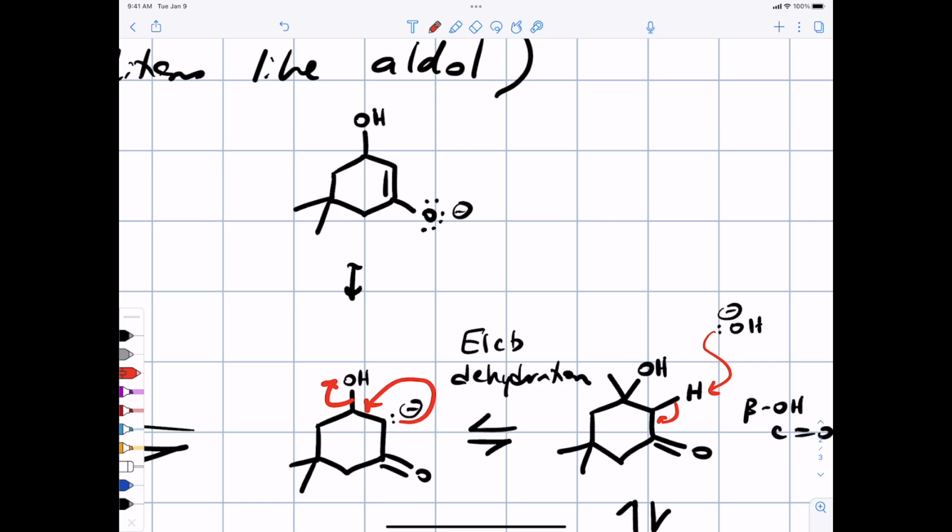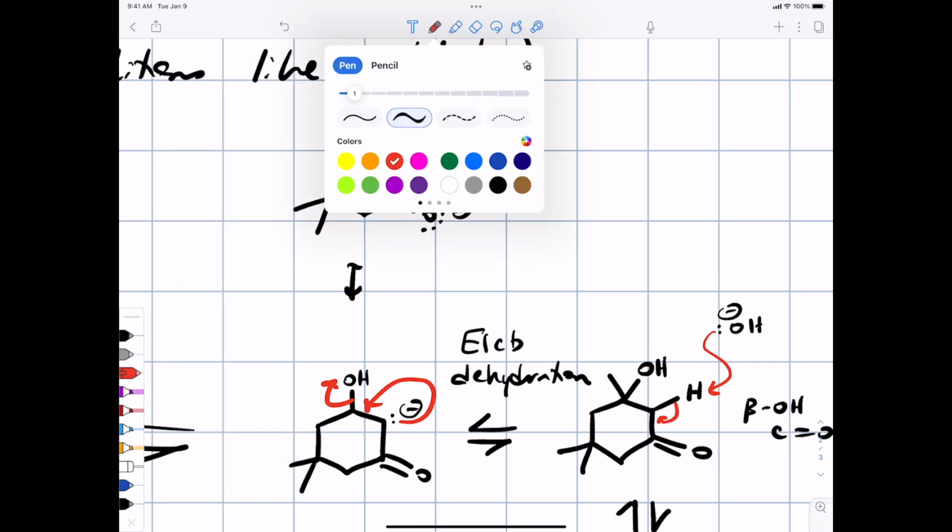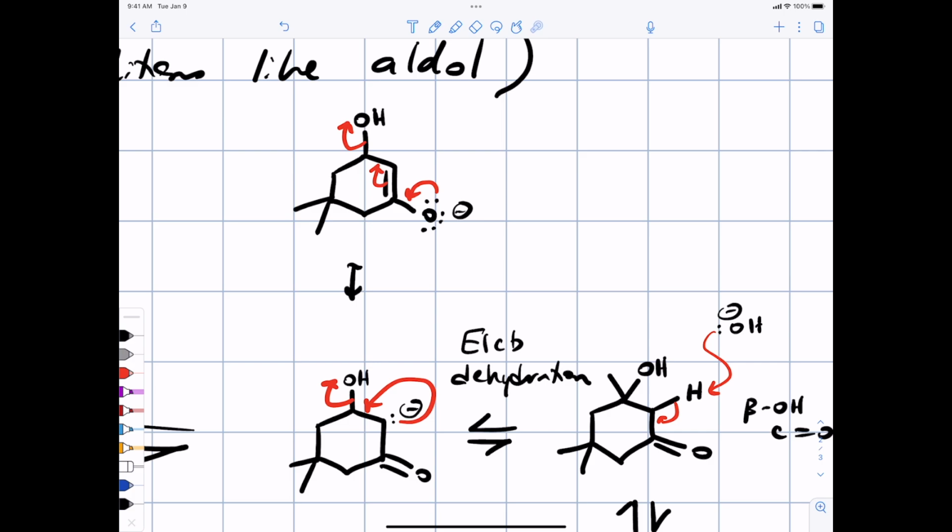We can show the dehydration from that mechanism as well. Though we represent the enolate sometimes like this with a negative charge on the alpha carbon, sometimes like this with a negative charge on the carbonyl oxygen, you need to think of it as being delocalized between the two. It's a 3 pi system like we talked about a few lectures ago, where the negative charge is the HOMO of this molecule, and it's delocalized on both the oxygen and the carbon, but a little bit more on the carbon.